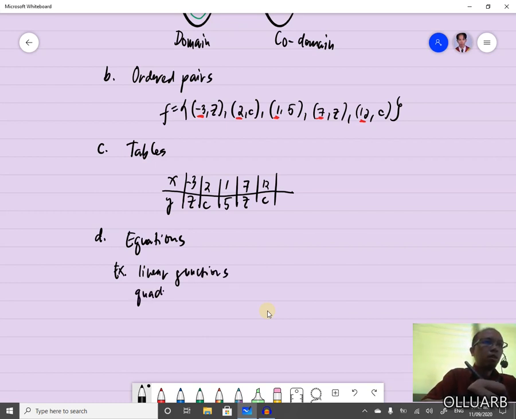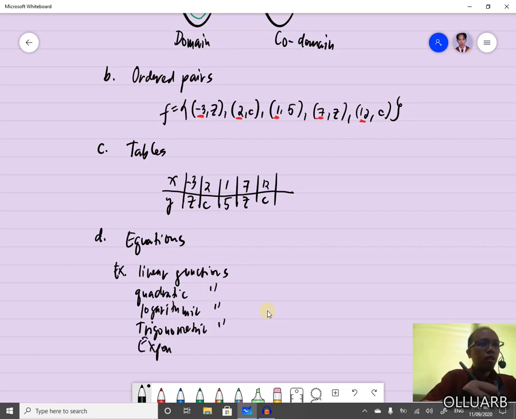Do you remember the quadratic functions? How about logarithmic functions? Natural logarithmic, trigonometric functions. There are a lot more: exponential functions. Remember that, exponential functions, and many others.